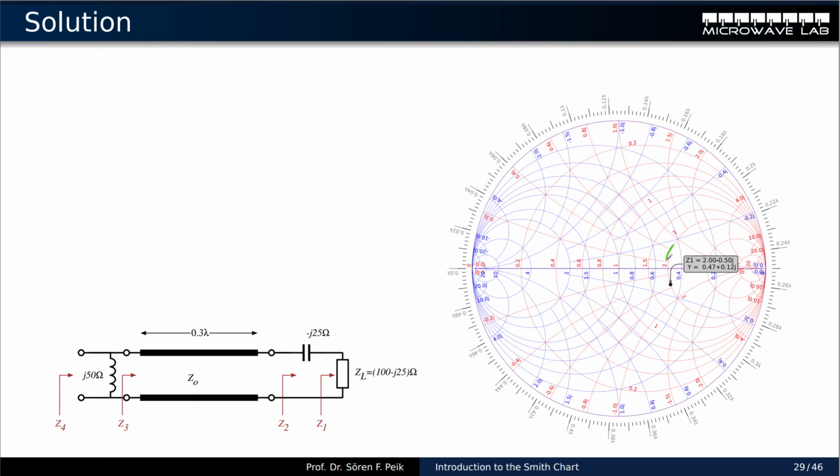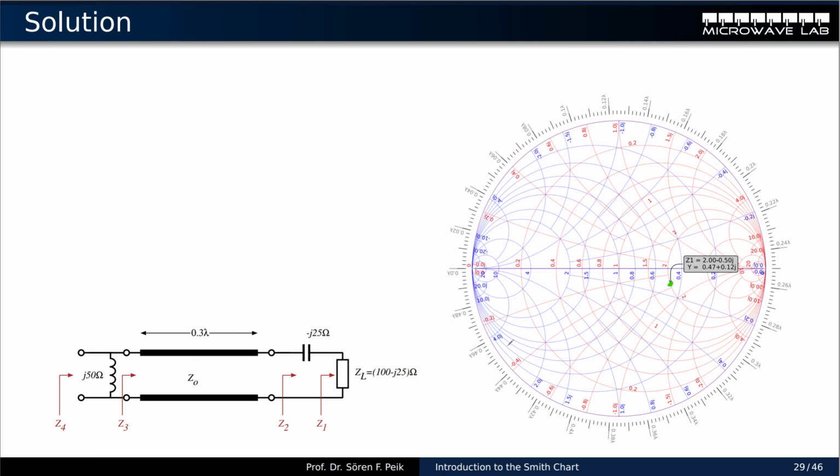The real part 2 is here, and minus 0.5j is a line that goes like this, and it intersects here, so that's my point to mark. That's my Z1.